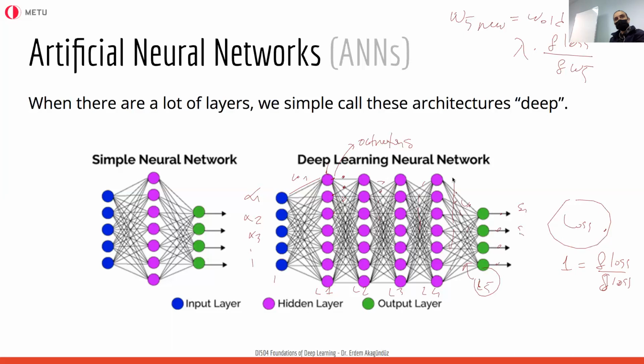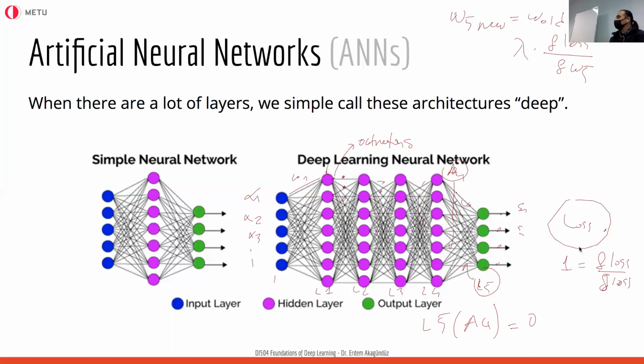Let's call these actuations 4, A4. So layer 5 is a function with an input of actuation 4, which is the output here. Okay? So this is the output here. I'm trying to make the definition simpler.